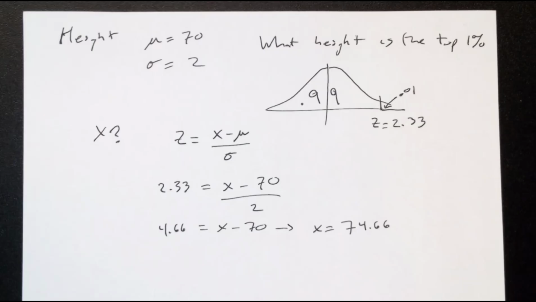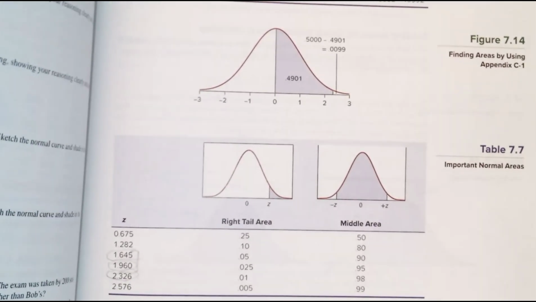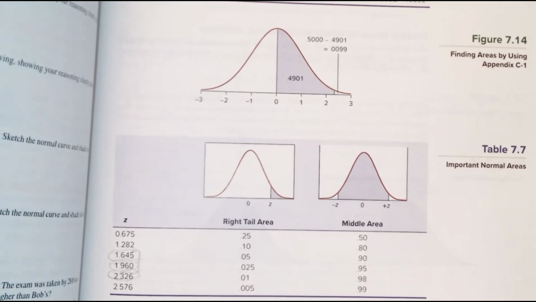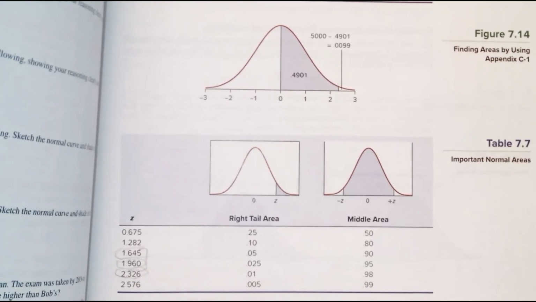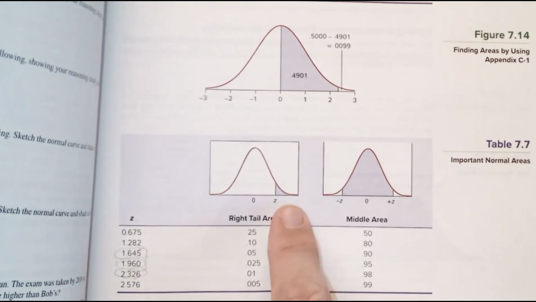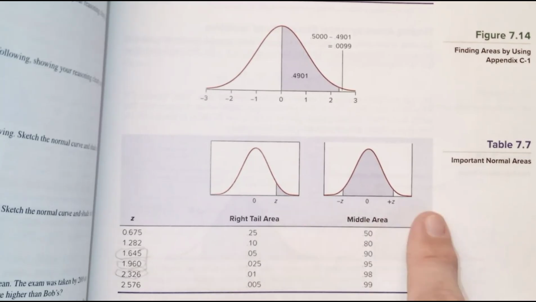On page 245, table 3.7 actually gives me the correct number. I said 2.33. They give 2.326 for 0.01 in the right tail, or 98% if I'm looking for the middle, 1% at the bottom, 1% at the top.